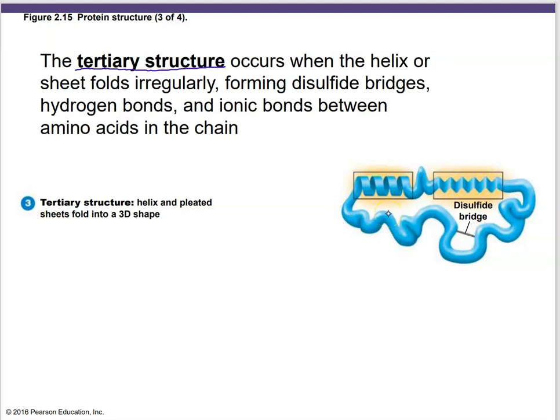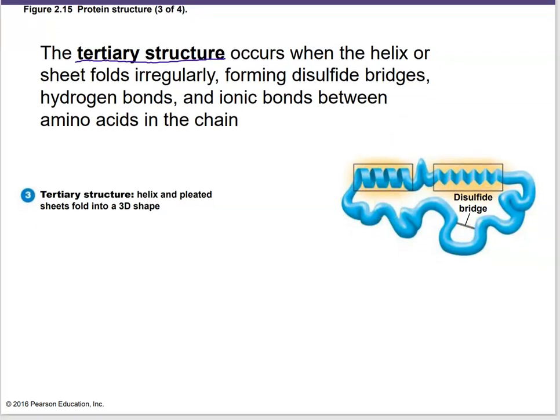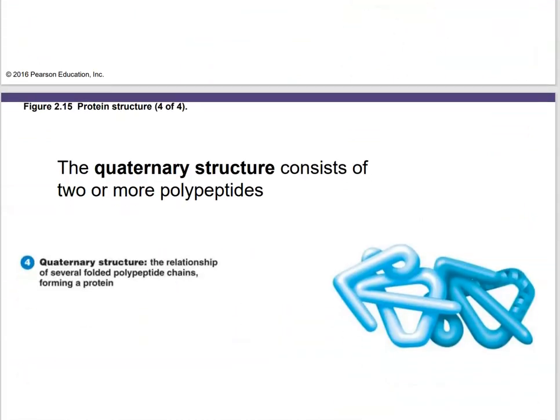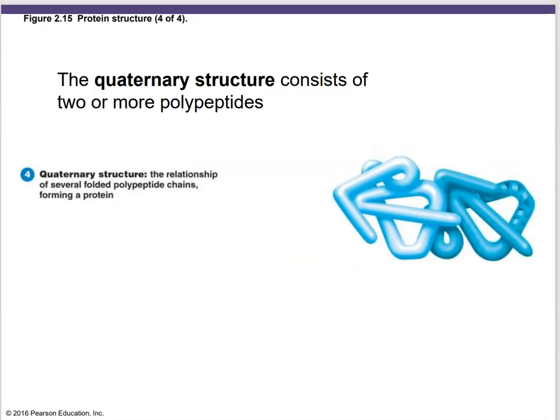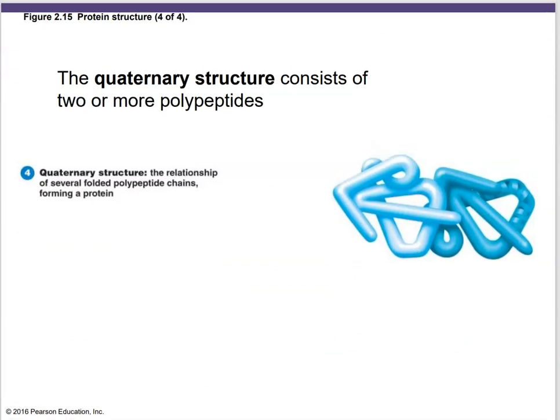So that would be the three-dimensional arrangement in space for the tertiary structure. And if this protein ends up having several subunits that come together, then we even have a quaternary structure. That would be the arrangement of more than one polypeptide chain in three-dimensional space. So that's only for proteins that have more than one subunit.